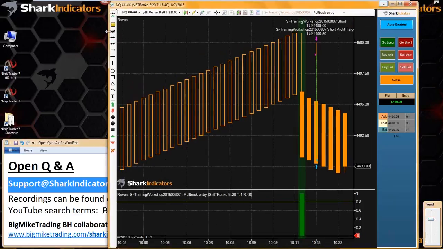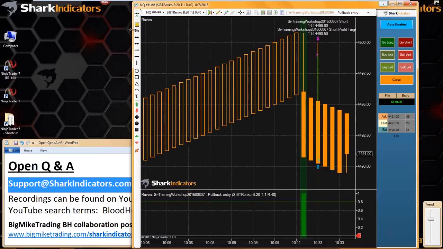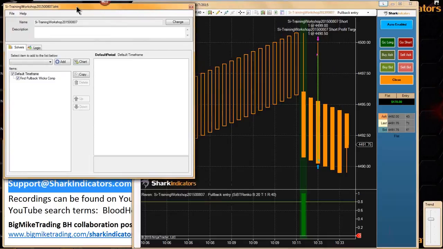All right, so I'm going to do something here just for the sake of time, but I would caution you guys about doing this. I've seen customers building their BloodHound system through Raven like this. While theoretically it is possible and it does seem to work for the most part, I would caution that there's no guarantee that if you're building your BloodHound system through Raven you're going to get what you want.